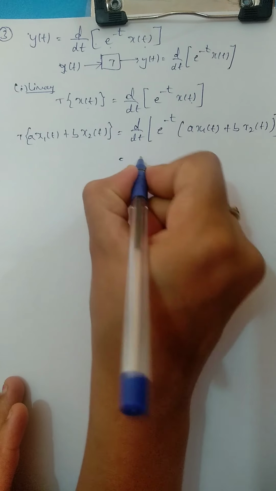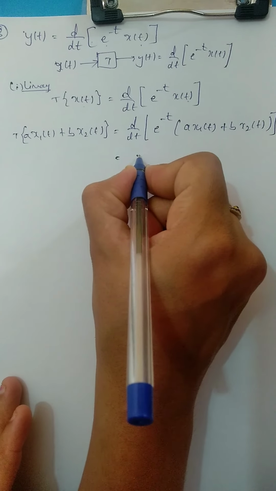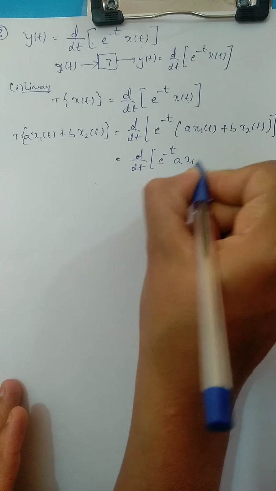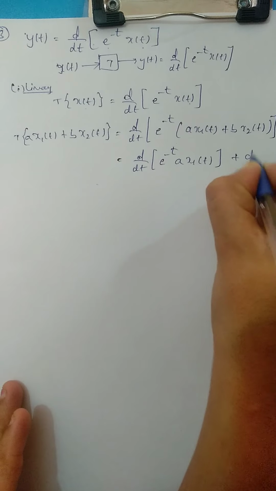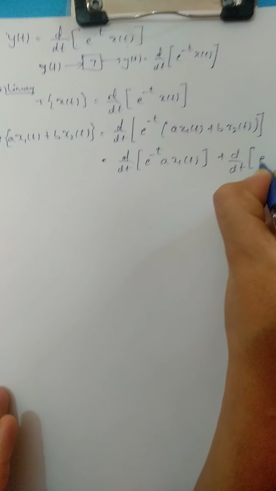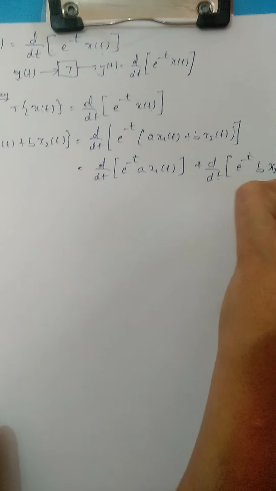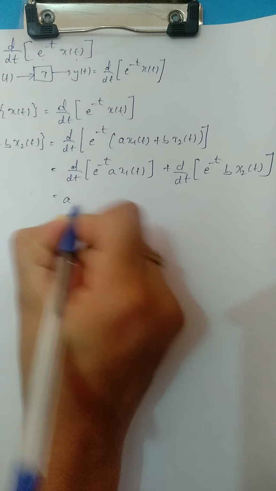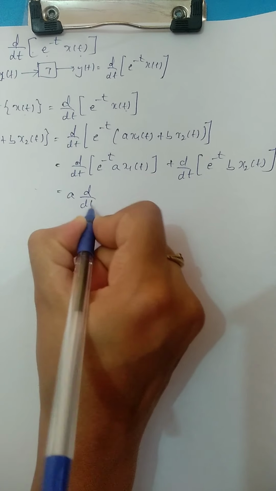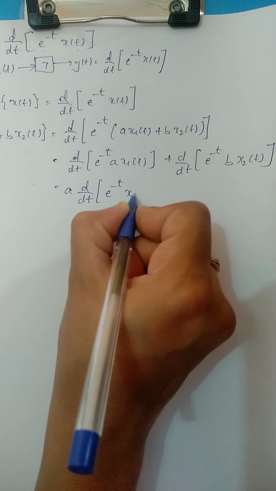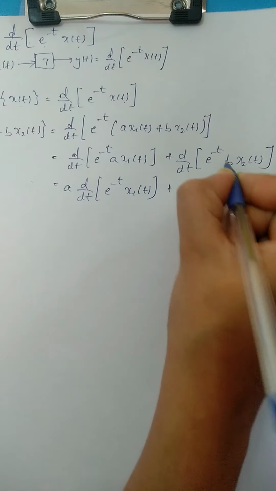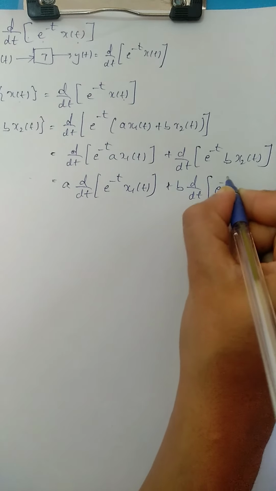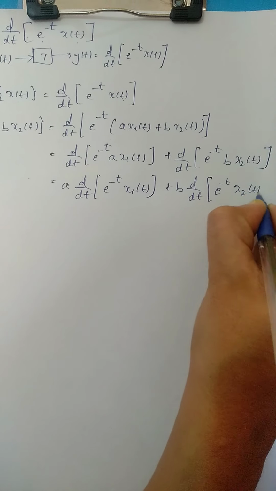If I simplify this, this will be d/dt of e^(-t) a x1(t) plus d/dt of e^(-t) b x2(t). Again, if we simplify, a is constant, we can take it outside: a d/dt of e^(-t) x1(t) plus b, also constant, d/dt of e^(-t) x2(t).